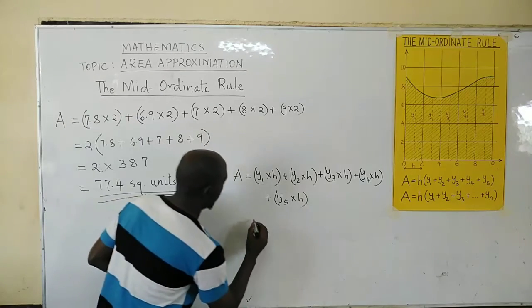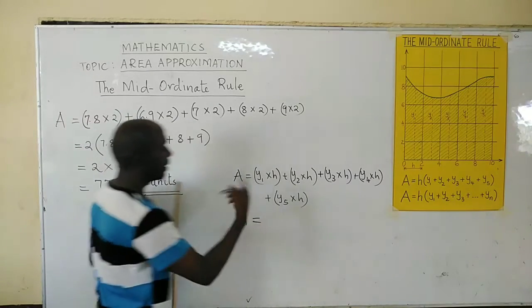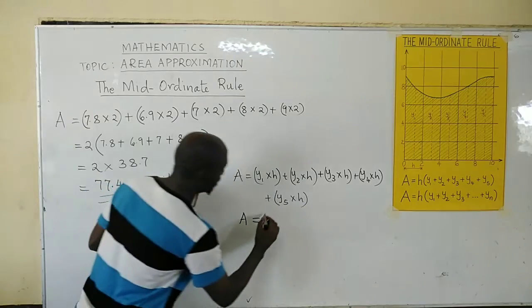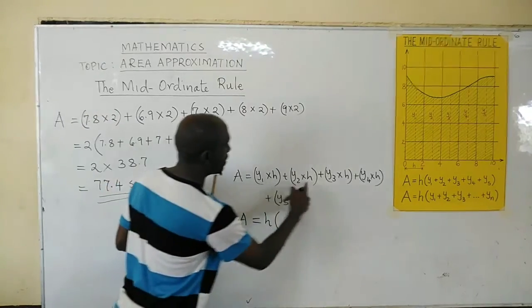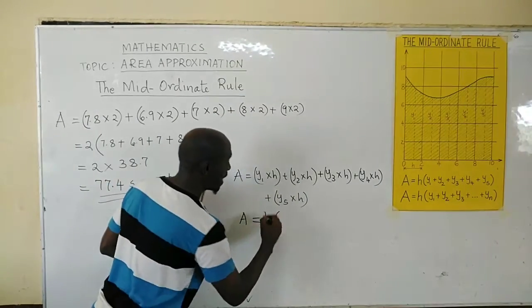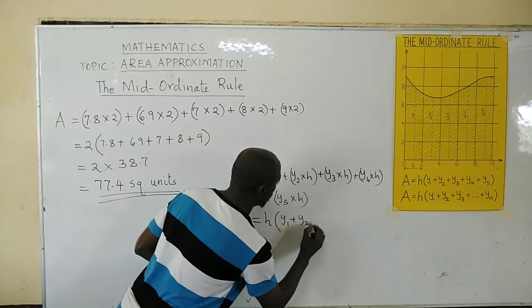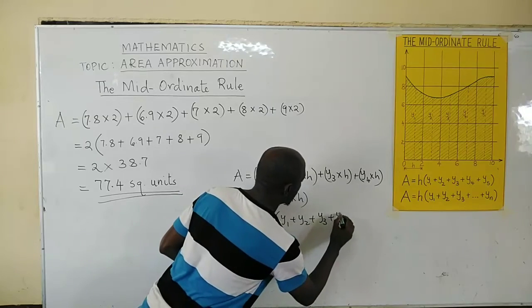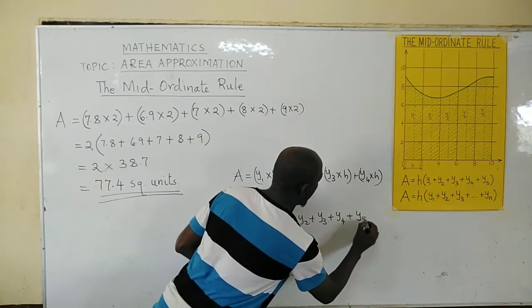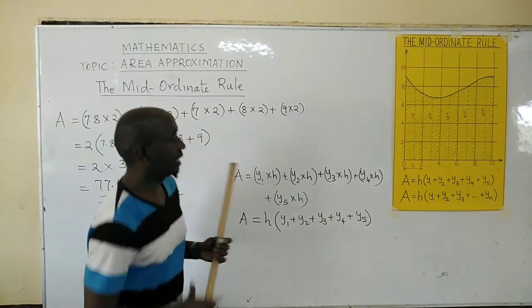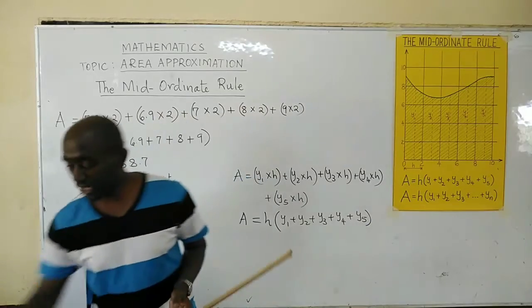So if we factor out h, because we have h common, we shall remain with y1 plus y2 plus y3 plus y4 plus y5 in brackets. And that is what I have written here in the chart, you can see.